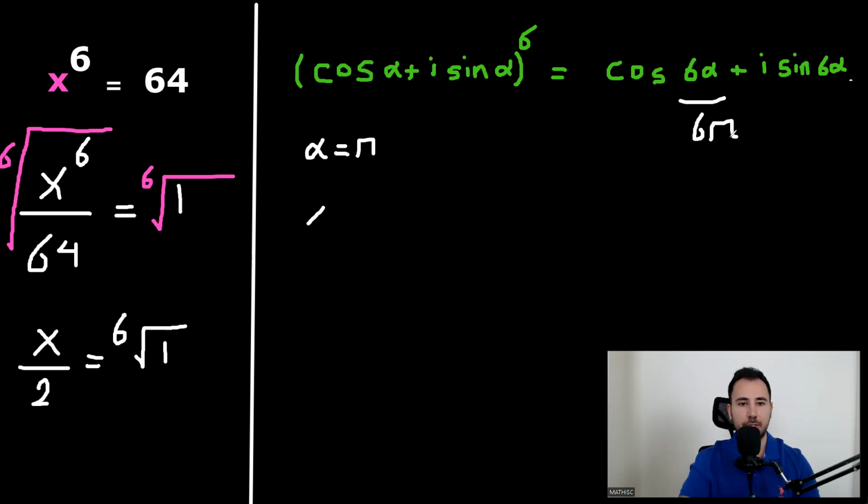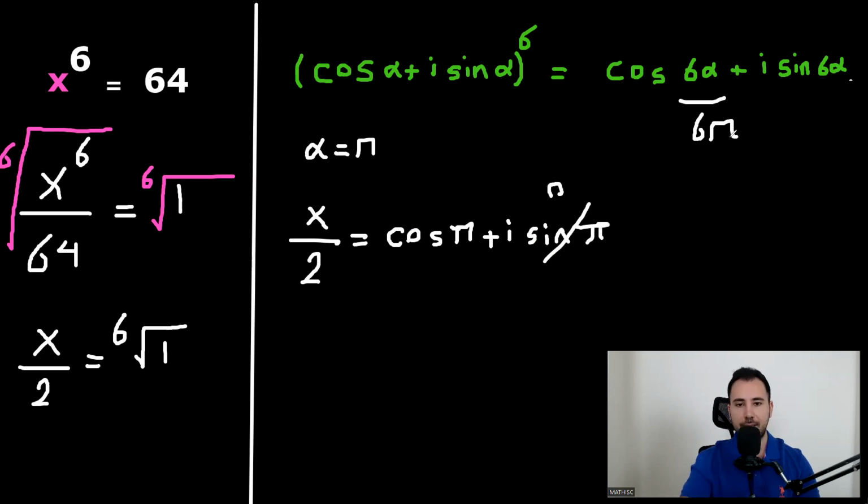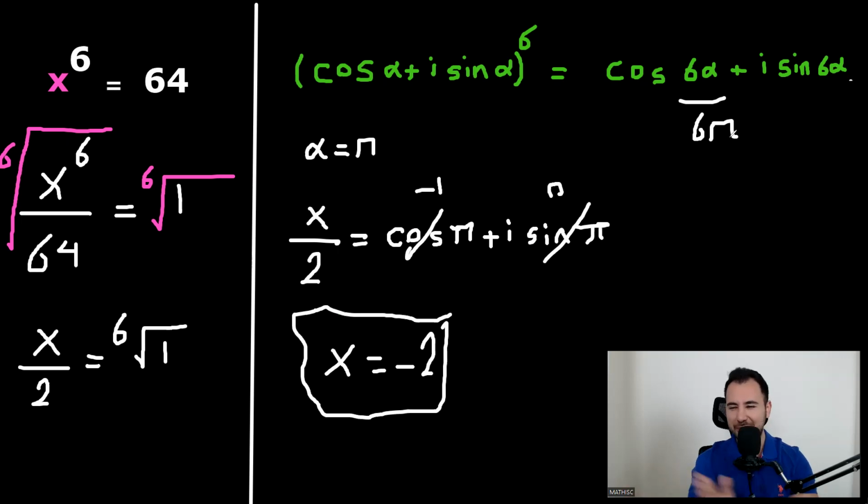So x over 2 would be cosine of pi plus i sine of pi. So what happens here? Sine of pi is 0. This is -1. So x equals -2. This is the second real solution that we just found. Okay. That's the fourth solution.